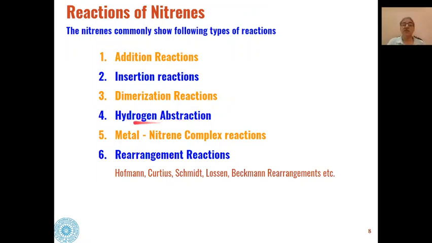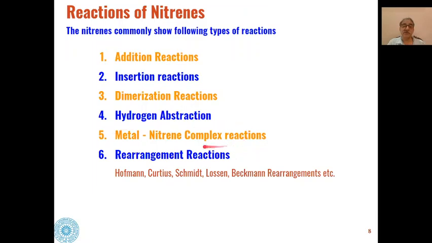Then another type of reaction of nitrenes is hydrogen abstraction. Then metal nitrene complex reactions. This is again on similar lines to what we have seen in the case of carbenes: metal carbene complex reactions, that is, formation of carbenoids. So here also we will discuss such type of reaction.